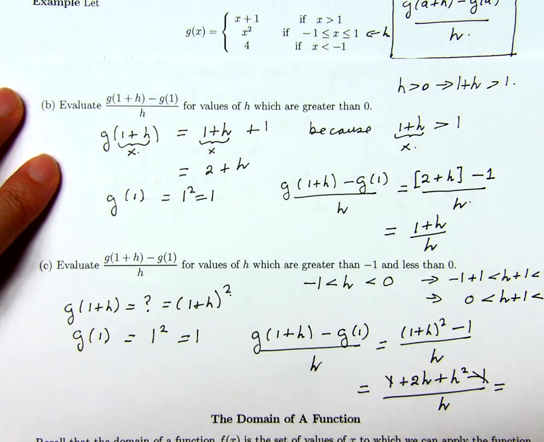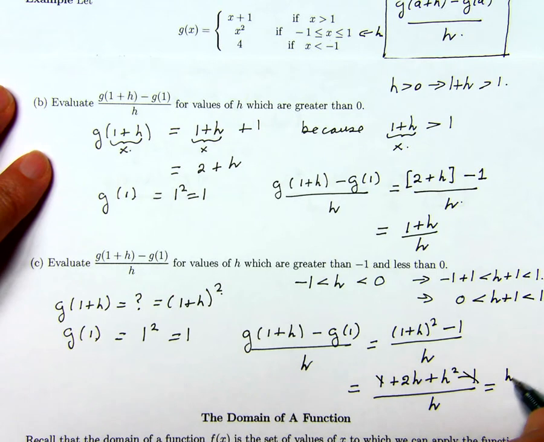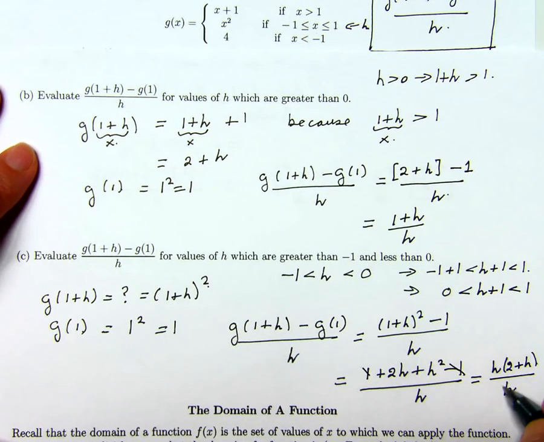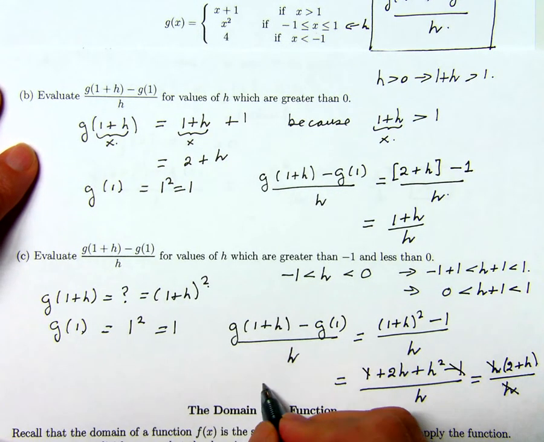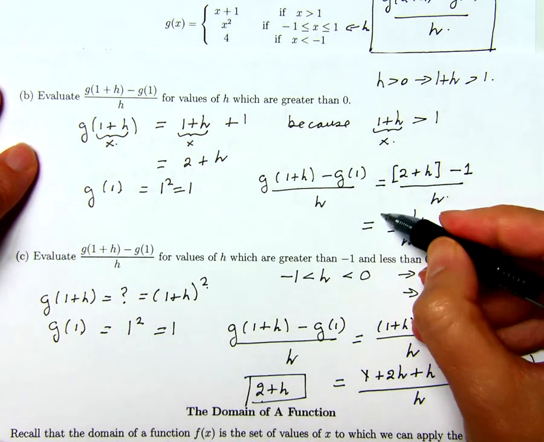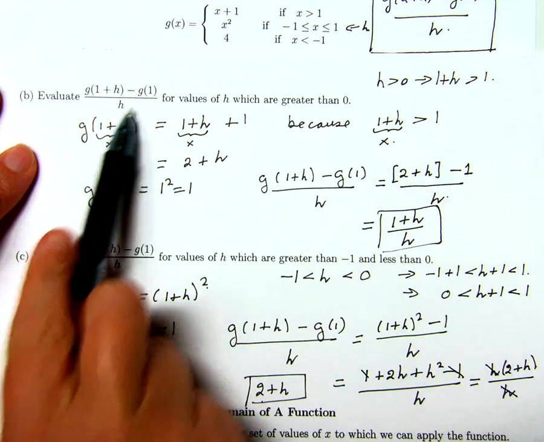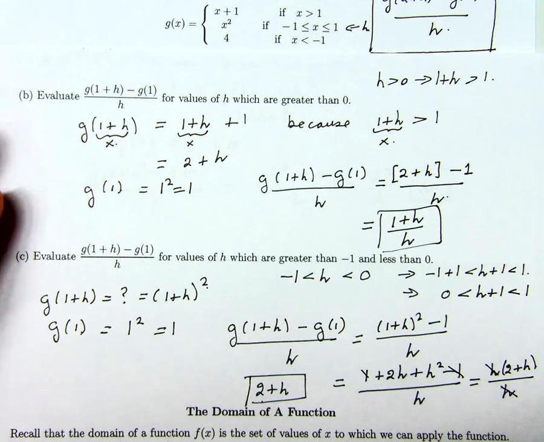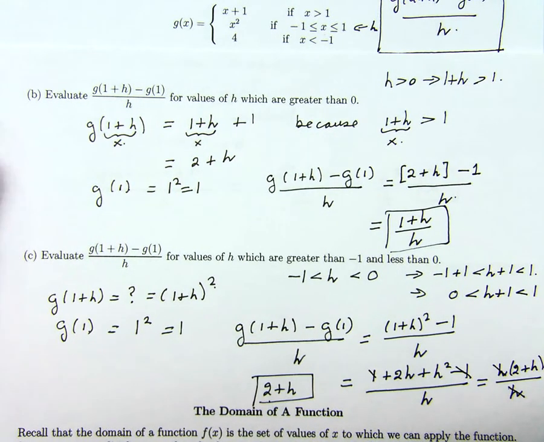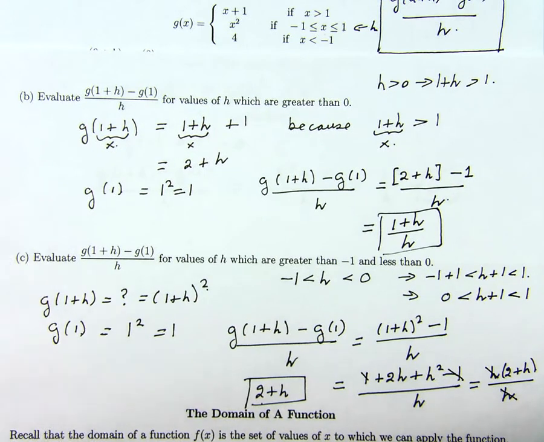And this is equal to, I can pull out that h, and I get h times 2 plus h over h. And because h is not equal to 0, I can cancel those, and I end up with 2 plus h. This is a very different answer than the previous one. So we have the same difference quotient, but we have different values of h. So when we're dealing with a piecewise defined function, we have to be very careful about the details when calculating this difference quotient.